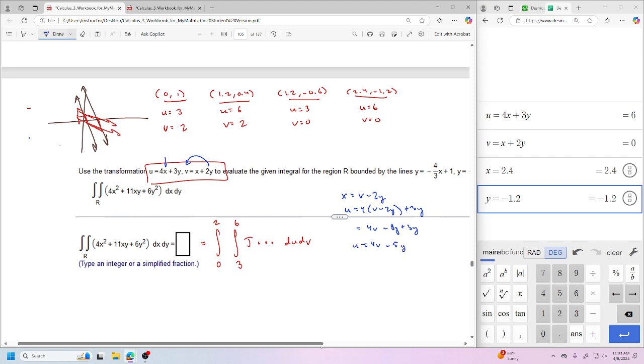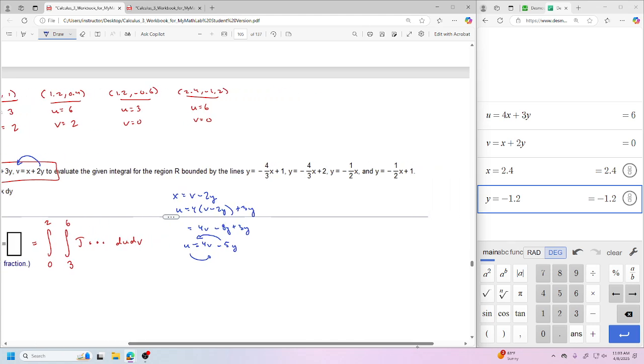Okay, I want to get y by itself, so I'm going to move the y over and move the u over. I'm actually going to go to the side here. I don't like that setup.